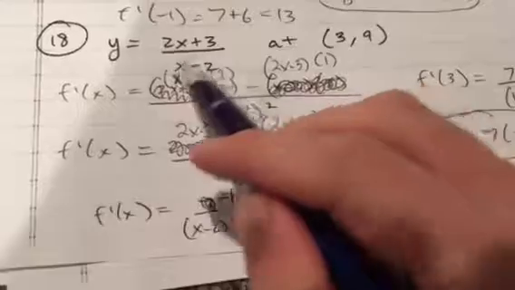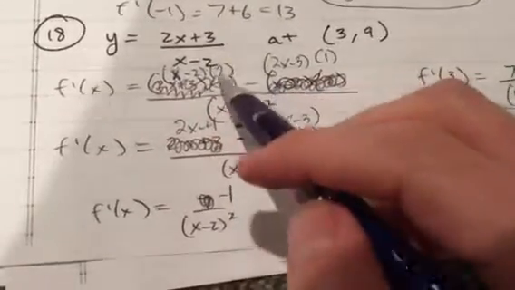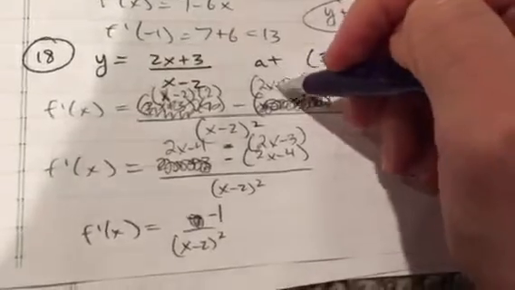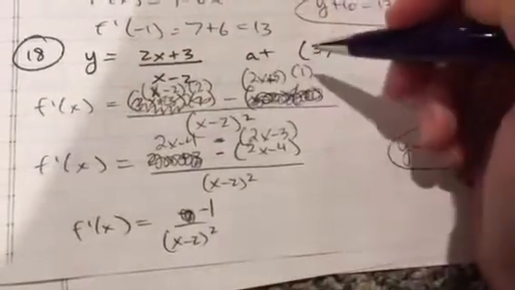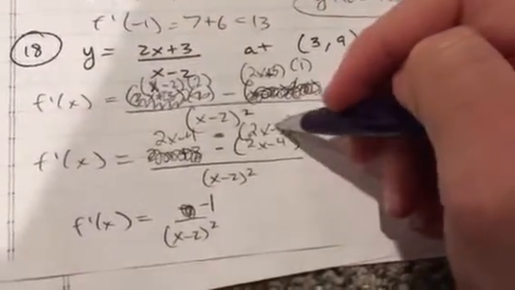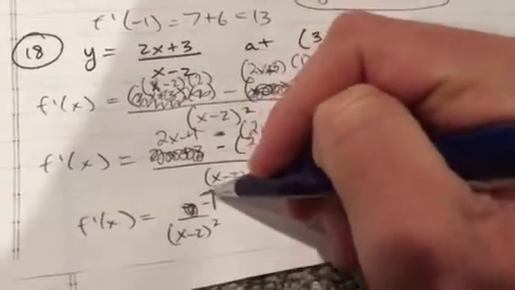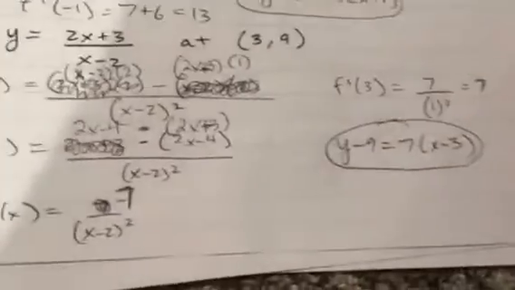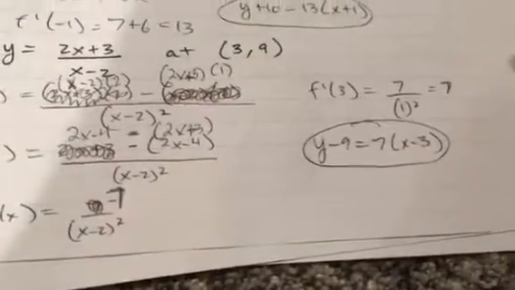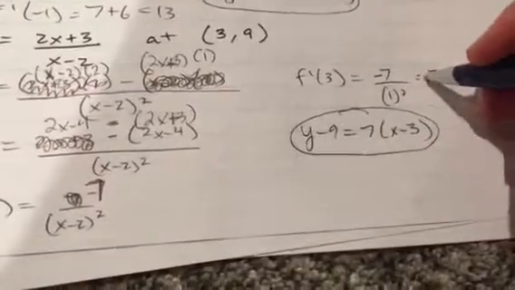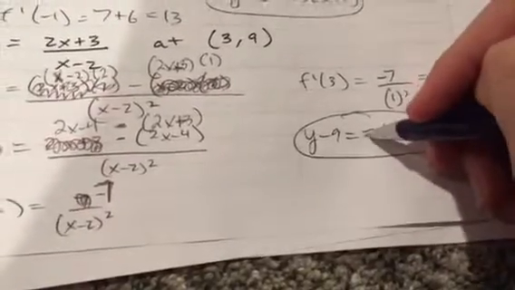Again, low times the derivative of the top minus the top times the derivative of the bottom. Aha. All right, so it's going to be negative 7. We did things kind of opposite, so make sure it makes sense that our answer is going to be opposite there. So my slope is going to be a negative 7.